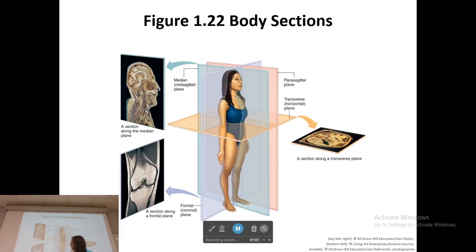Right here, you can see this is a frontal section of the knee, and you can see the femur and the tibia there. This would be a transverse or horizontal section there where you're looking like down in there and you can see cross section of the organs. Then you've got parasagittal and mid-sagittal there. Parasagittal's over to one side.